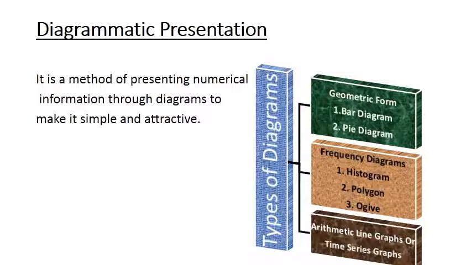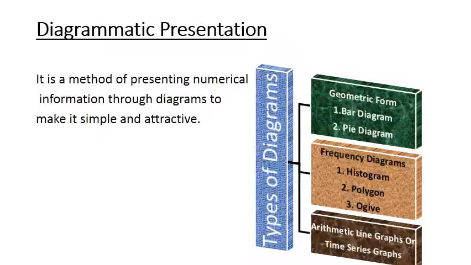And why do we present numerical information in the form of diagrams? To make it simple and attractive. And one more thing, it is easy to understand diagrams for those people who are illiterate or uneducated.